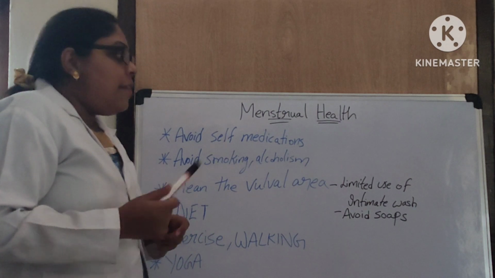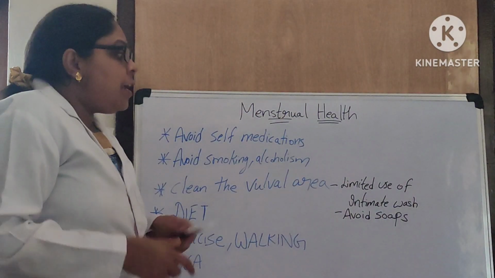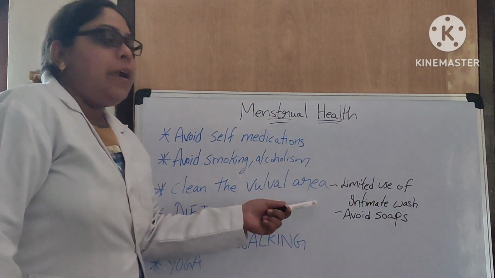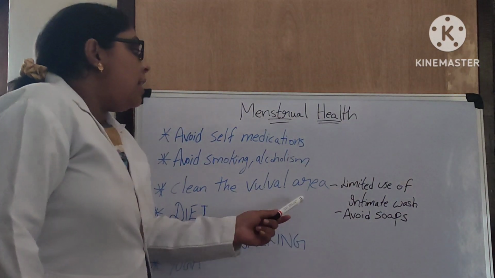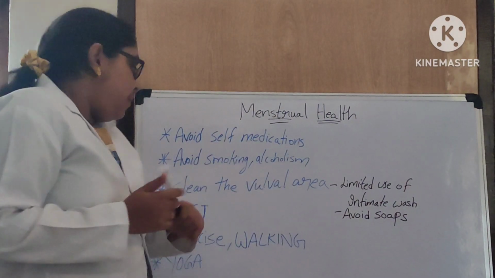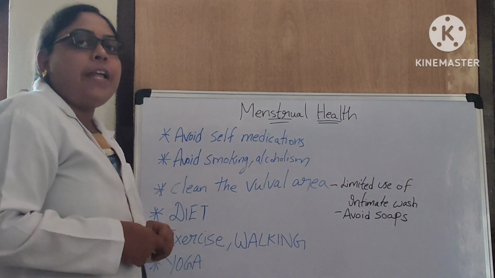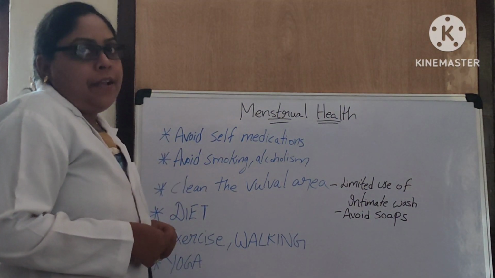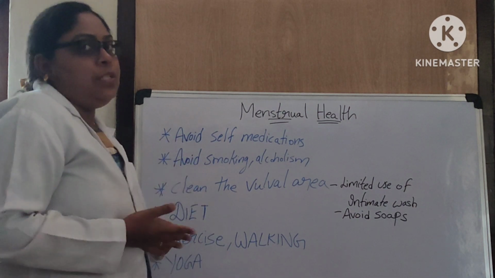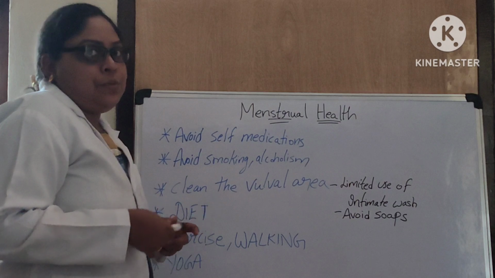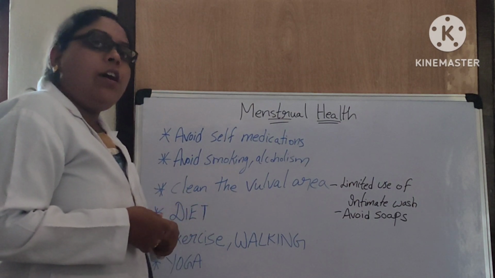Also, in the market many intimate washes are available. We can use these intimate washes, but limit their use. So this is how to clean the vulval area. The next thing is about diet. What diet do we have to take in the menstrual period time? You can take lots of vegetables and fruits, especially green leafy vegetables like broccoli, spinach, cabbage, cauliflower.